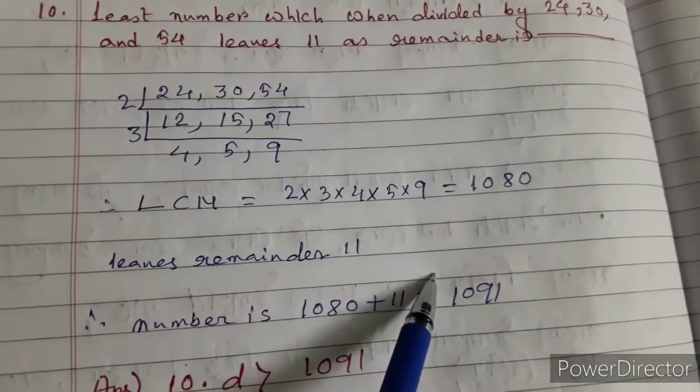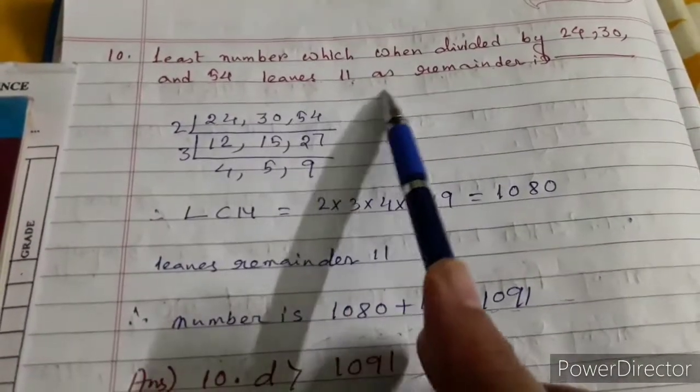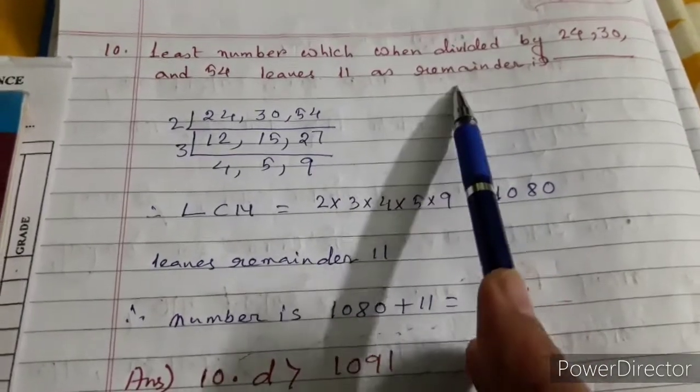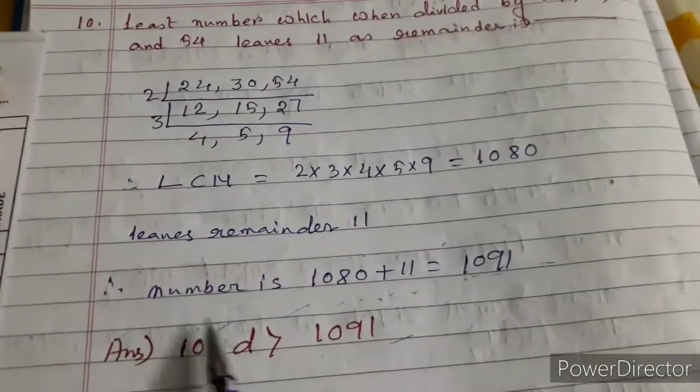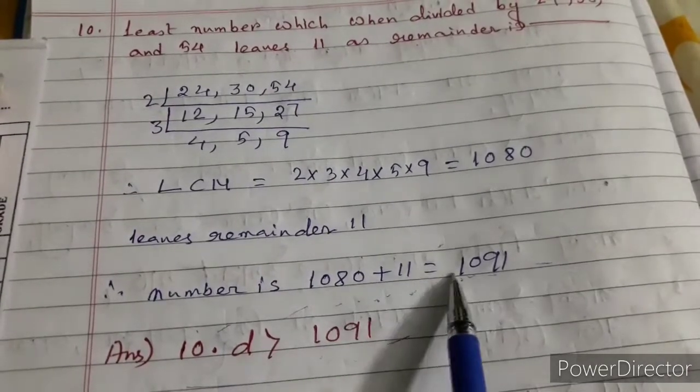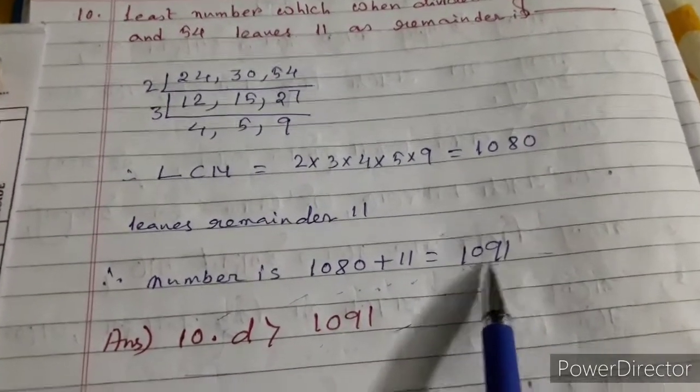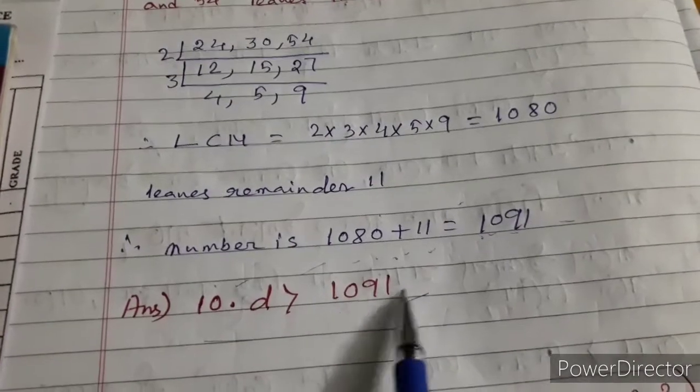Since it leaves 11 as remainder, you have to add 11 to this number. So the number is 1080 plus 11 equals 1091. So option D is correct, 1091.